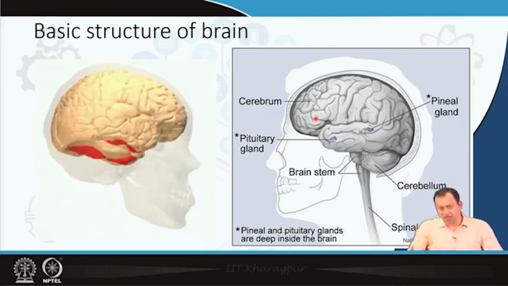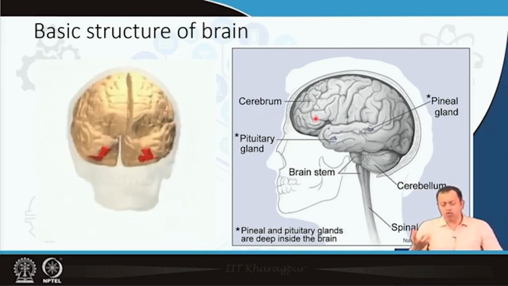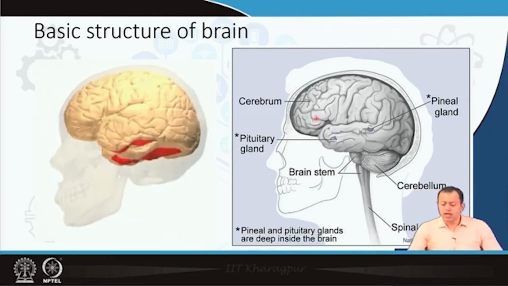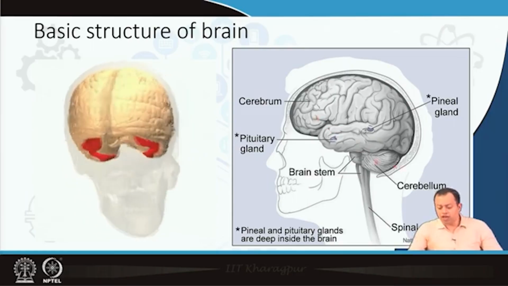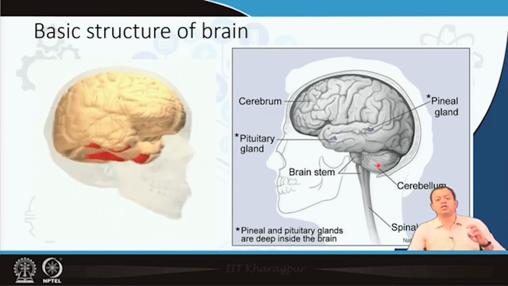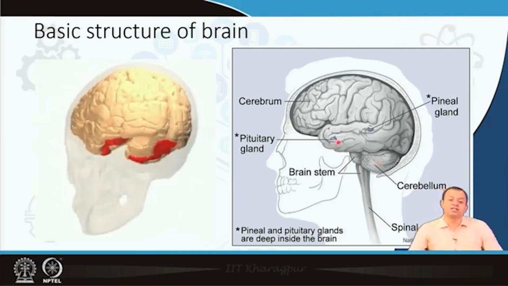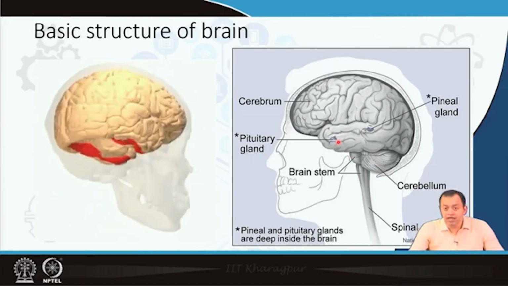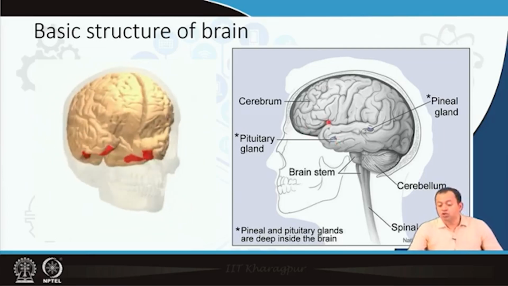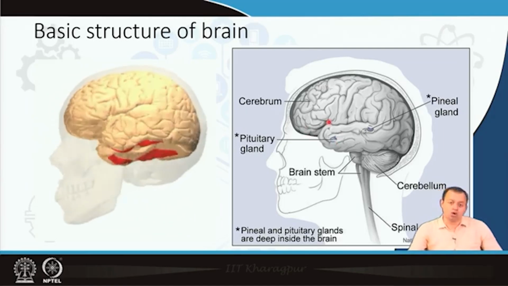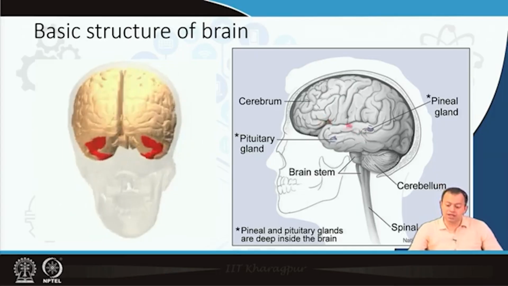There is an argument that if this part is damaged, will the person not be able to walk, or will the person not have the capacity to speak or understand any language? So, the answer is not a clear cut yes or no, right.